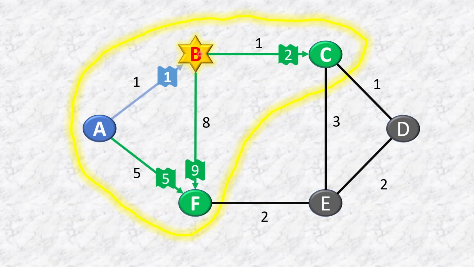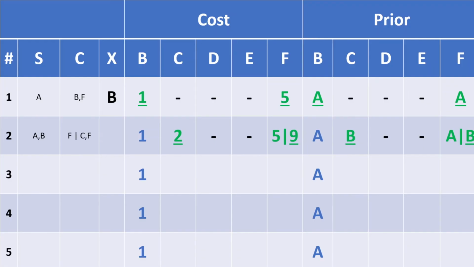But what we can consider are the C and the F. And the C is reachable at a total cost of 2. F is reachable at a cost of 9. So going back to the table, you can see that C is reachable at a cost of 2, and it is this new node B that we've introduced that will do the final delivery.